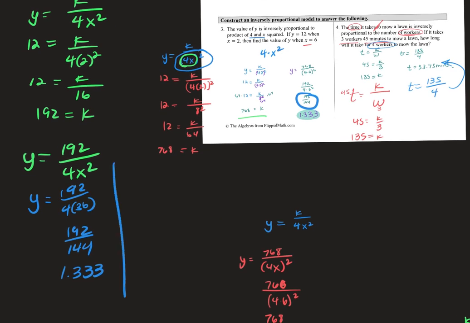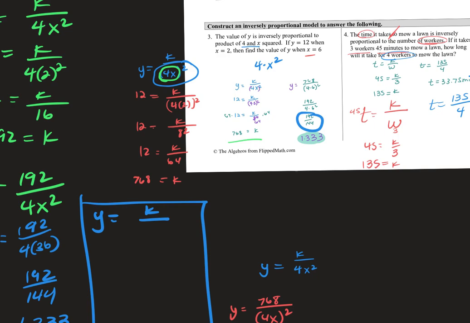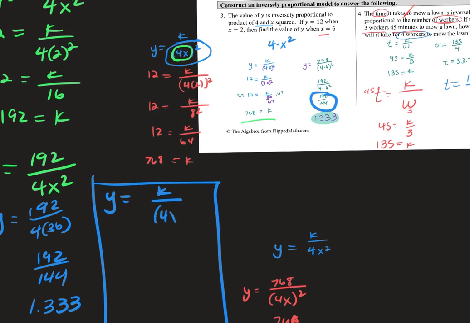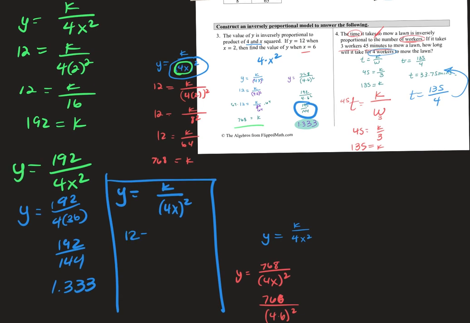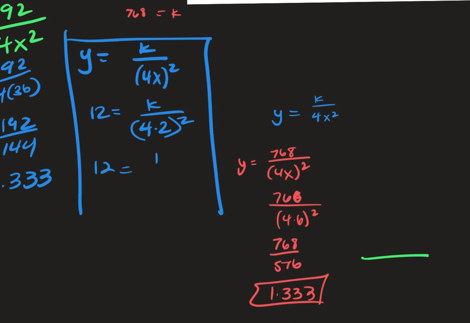Then the other way to look at it is y is inversely proportional to the product of 4 and x, squared. Y is still 12. 4 times 2 squared is 12 equals k over 8 squared, or 64.